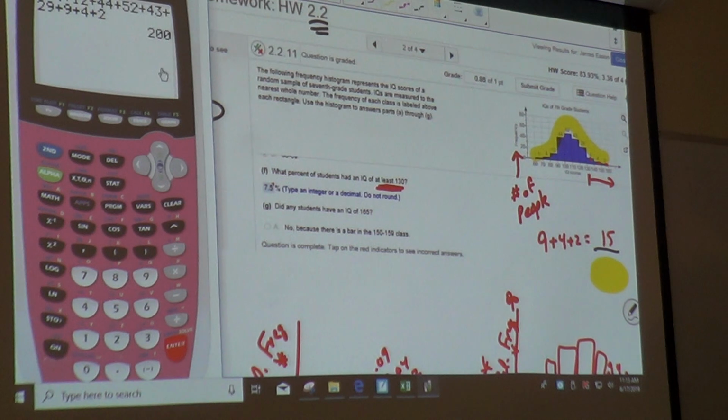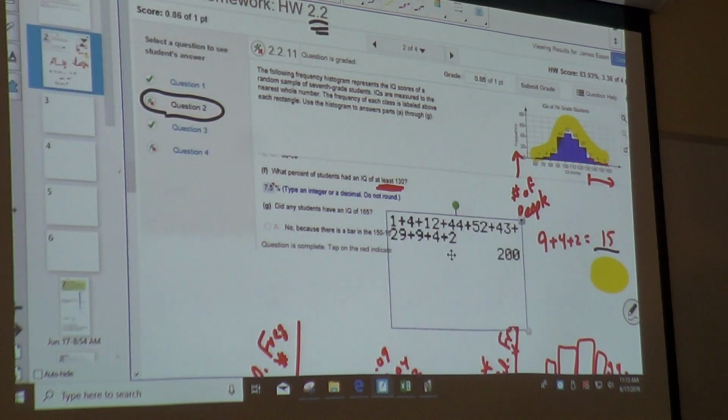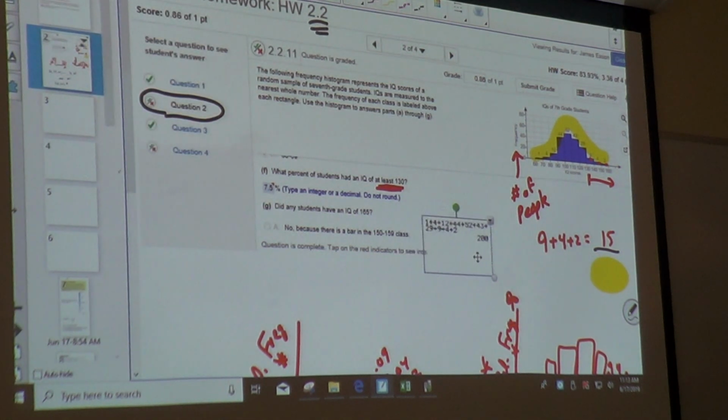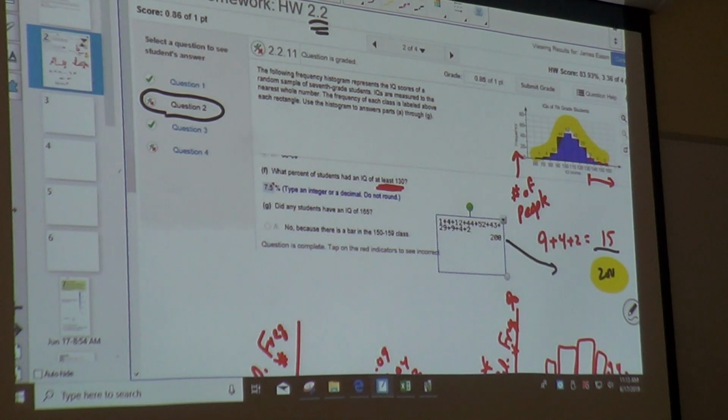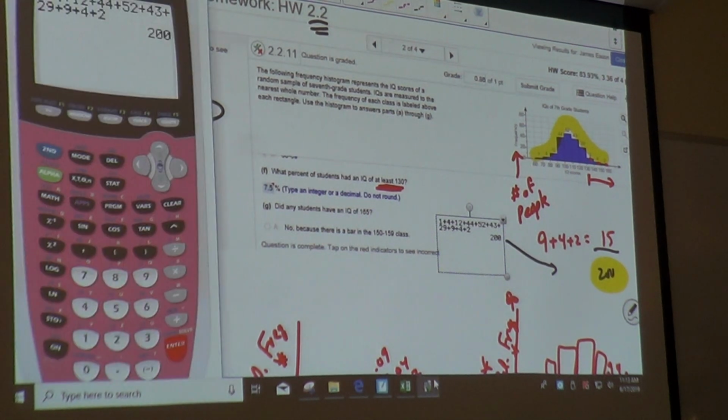So 200 is going to be the total. So it's going to be 15 over 200, and now I'm going to have to turn that into a percentage. So my percentage is going to be 15 over 200, and then I'm going to whoop it, which is where that 7.5% comes from.